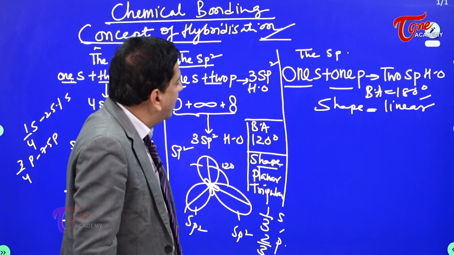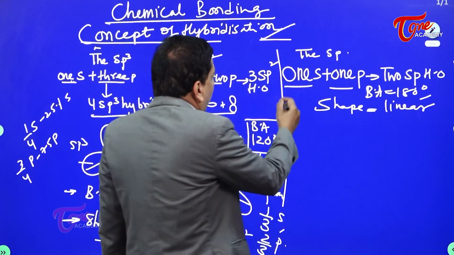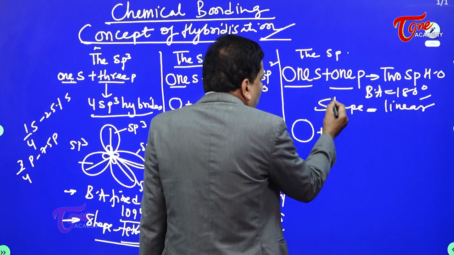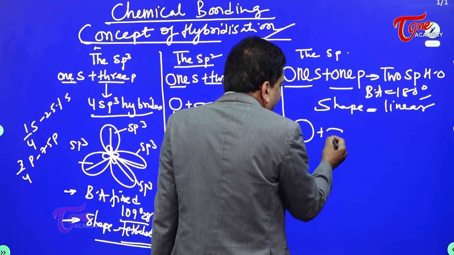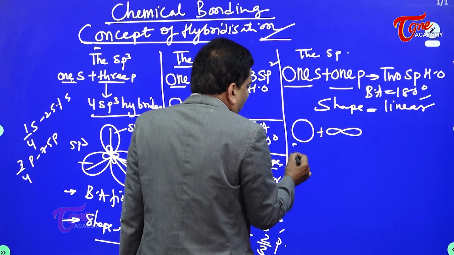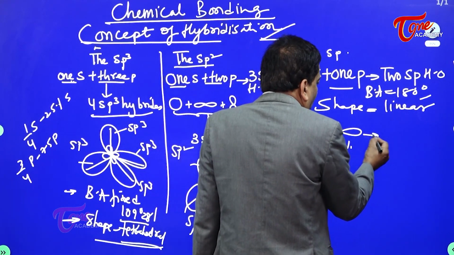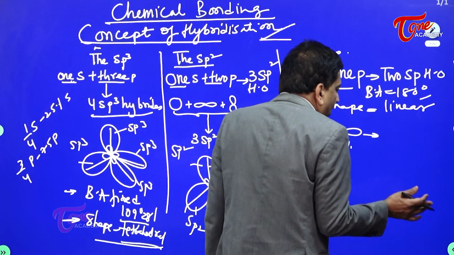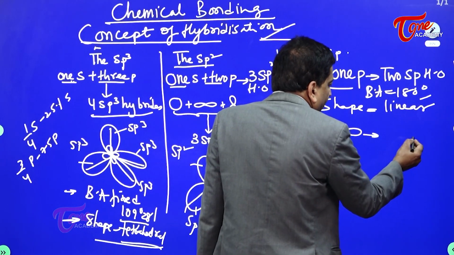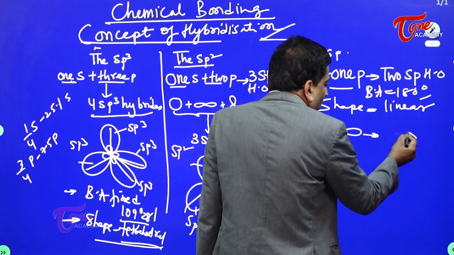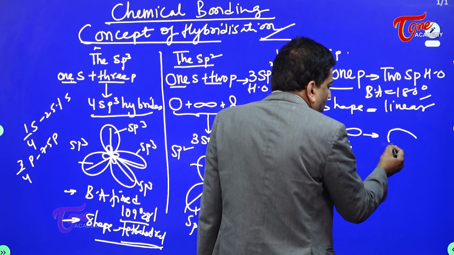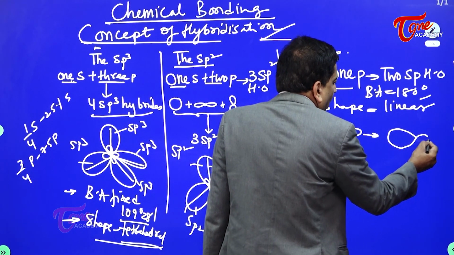The shape is also linear. It is the case of 1s and 1p. So this is 50%, this will be 50%, and the hybrid will look like 50% S, 50% P. So it's somewhat like this. It's almost a circle, but not a circle.